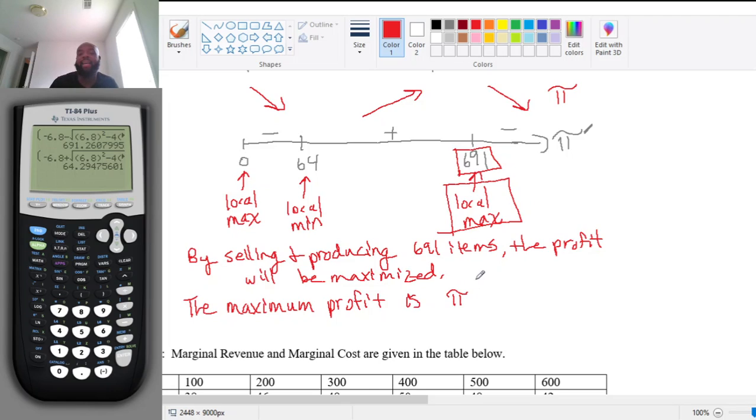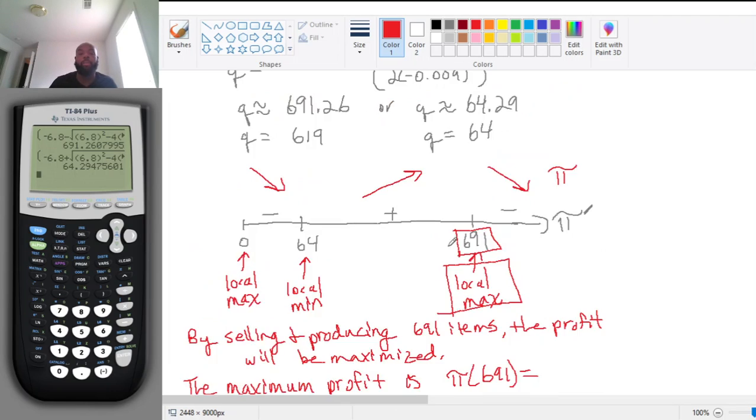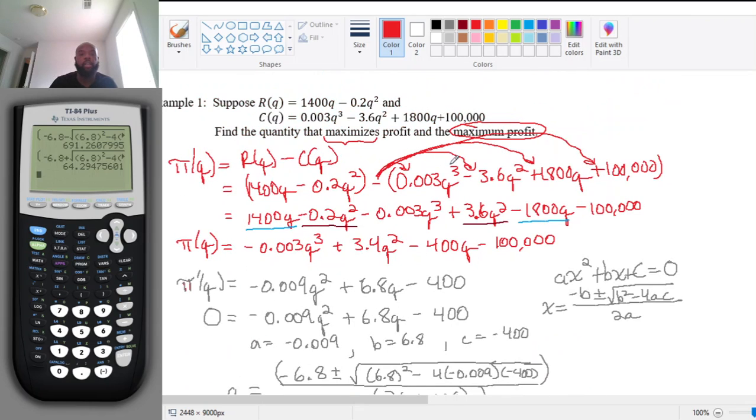So that's pi of 691, which equals, well, I have to go back to my original profit function, which is this function right here. And I plug in, let's just not put that box because I messed that up. But let's plug in the 691. Okay, this is an approximation, remember, because the max actually occurs at 691.26.